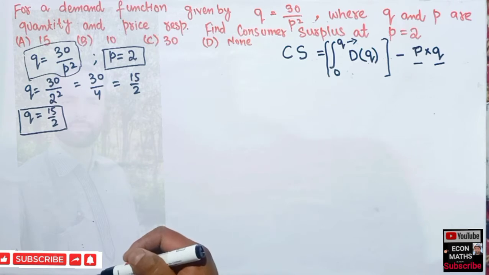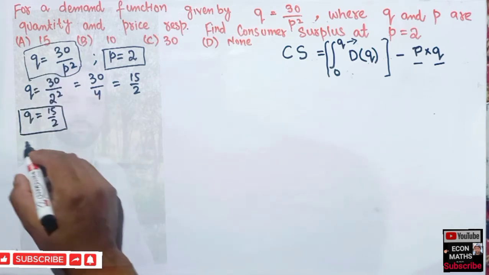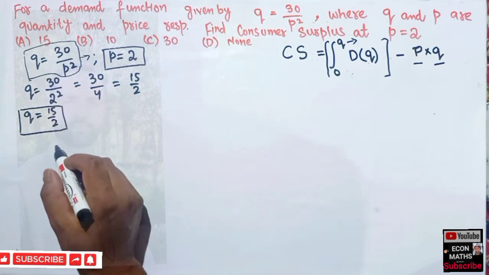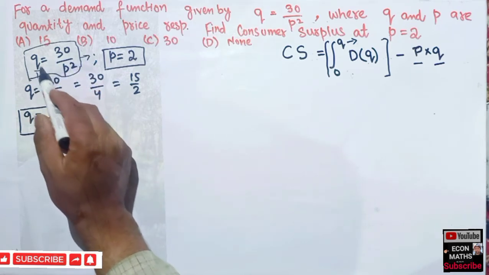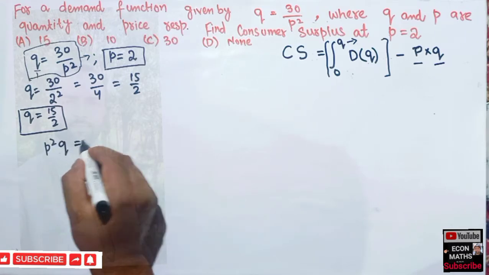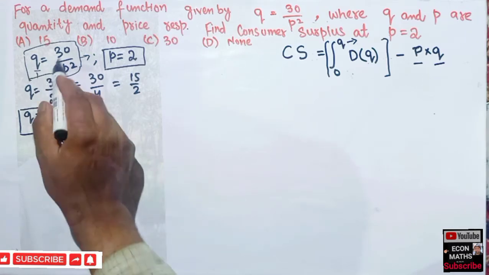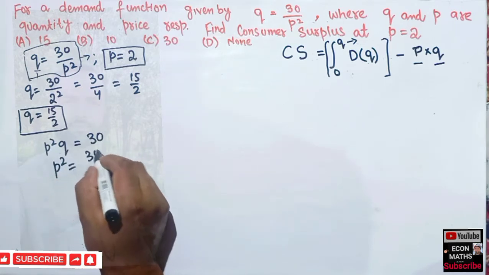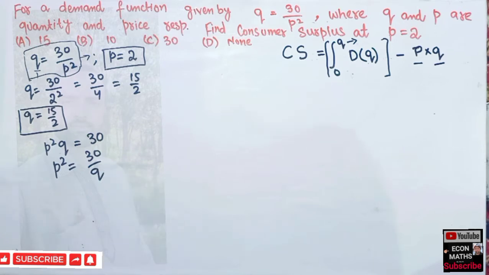How do we find the inverse demand function? We have to solve this demand function for P. So we can multiply: P²Q = 30, or P² = 30/Q.